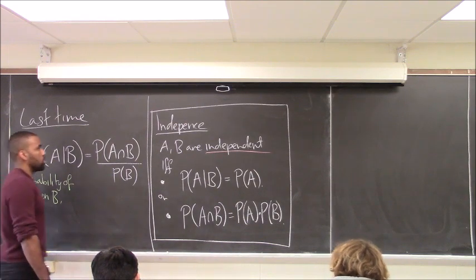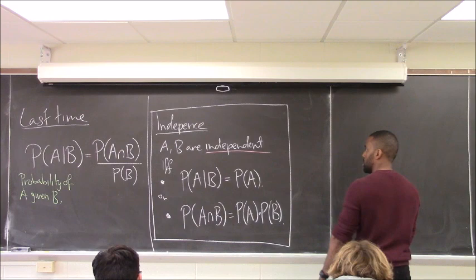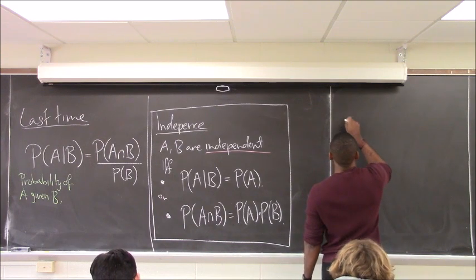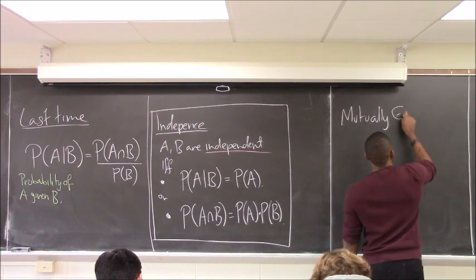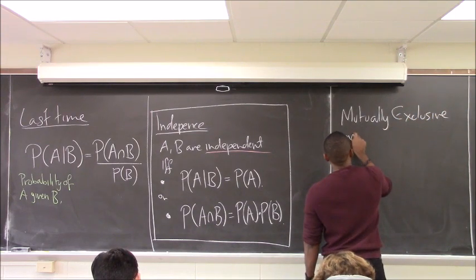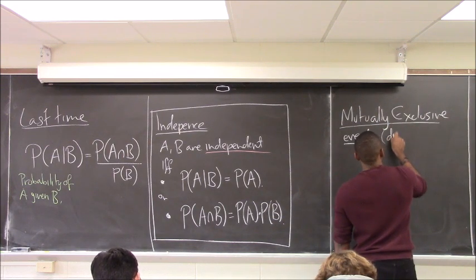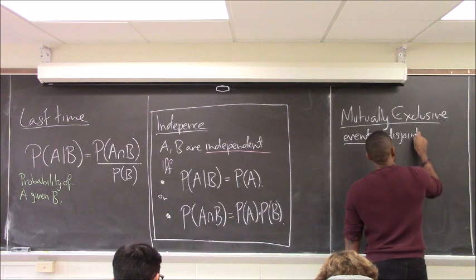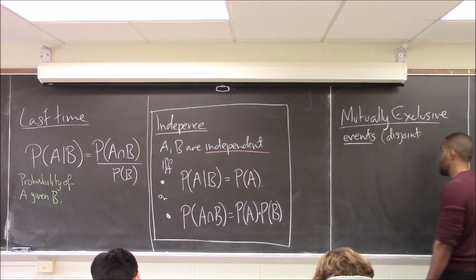We also previously, not last class, but I think maybe a class or two before, talked about mutually exclusive events, AKA disjoint events. This means when you have two events where you look at them as subsets of your sample space, they are disjoint. They have an empty intersection.